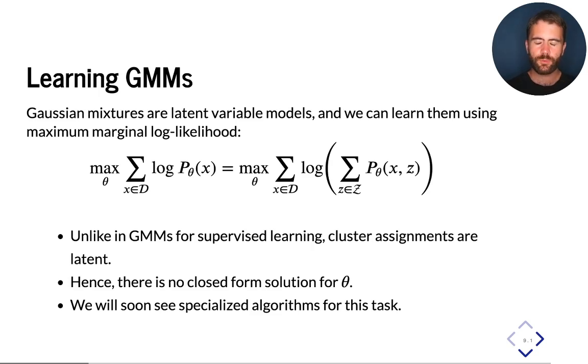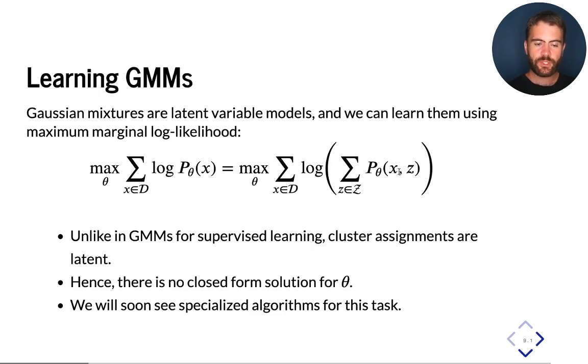So we assumed that data came from a mixture of Gaussians, with a Gaussian for each class, and the label specified which Gaussian the point came from. And we would optimize a similar objective, except that we wouldn't need to do the sum, because the z variable, which was denoted by y in that example, was specified. But here, because it is not specified, we have to sum over all the possibilities that it can take.